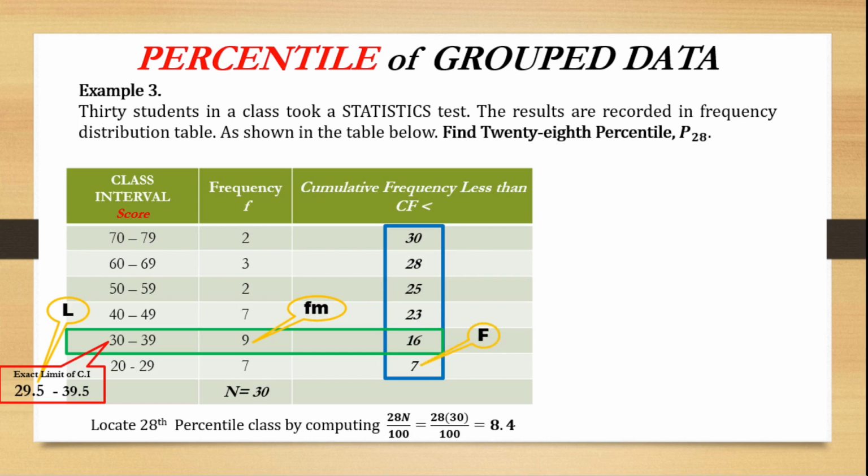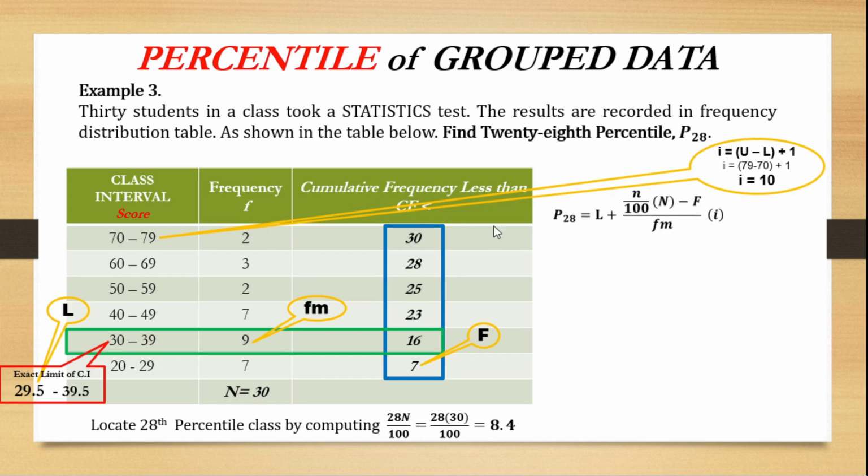Then our uppercase F is 7. Now let us compute the I, the class size interval. Suppose that our class is 70 to 79. Our upper limit is 79 and our lower limit is 70. Substituting into the formula U minus L, or the upper limit minus the lower limit, plus 1, we have I equal to 79 minus 70 plus 1, which is equal to 10.